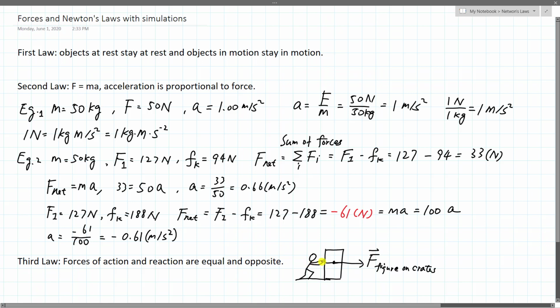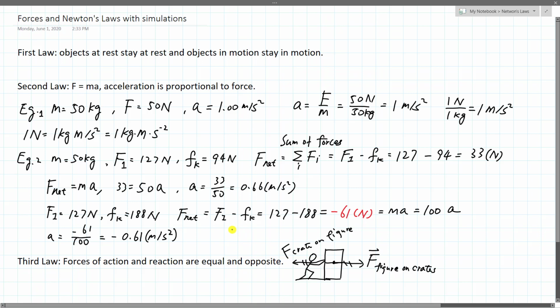And also the figure, at the arm, I'll just draw from the figure itself. There's this force, crate on figure. Okay, so these two forces are equal and opposite. And they don't act on the same object, right? Otherwise, they would enter into this equation and somehow just cancel each other and there'd be no motion.